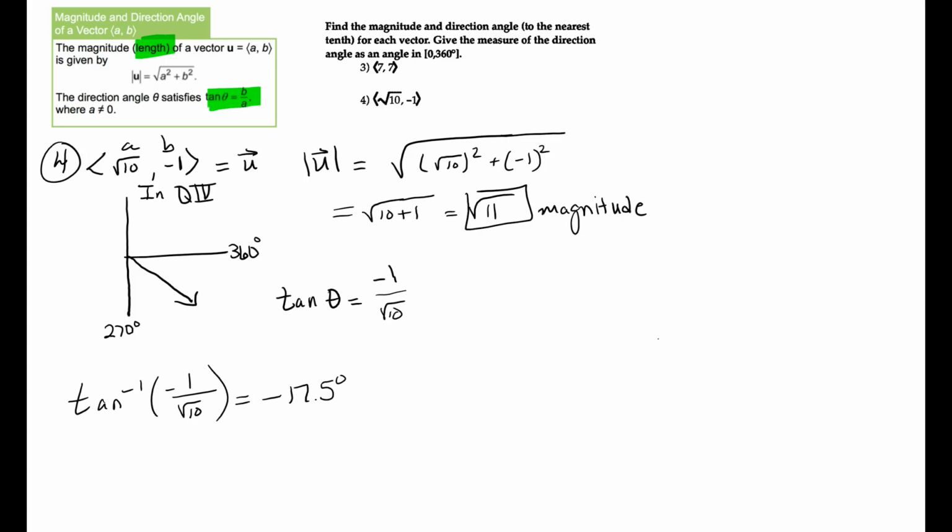But remember, you've got to find a coterminal angle because we know the angle has to be between 270 and 360. So you're going to add one rotation, which is 360 degrees. You do this on the calculator, or if you're good like me, you do it in your head. 342.5 degrees.